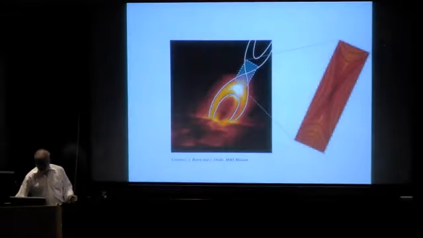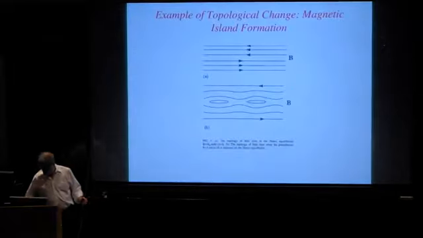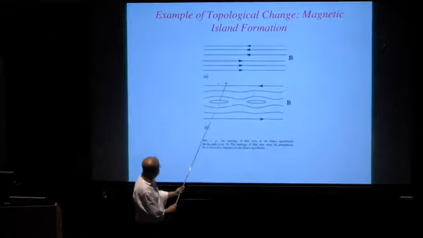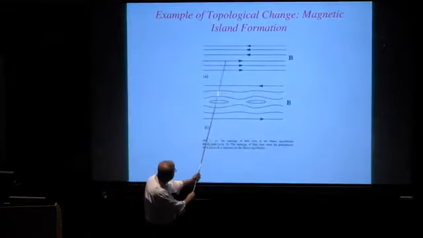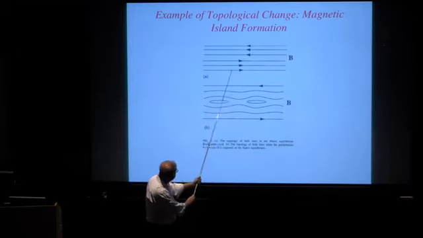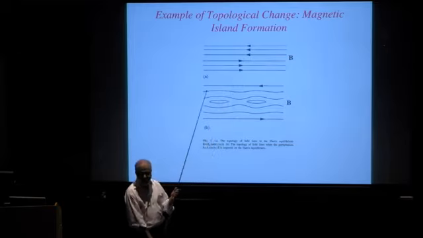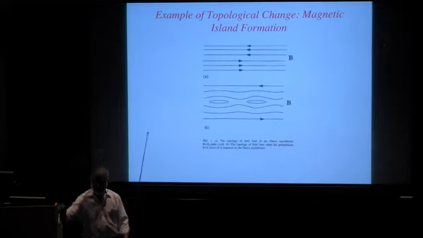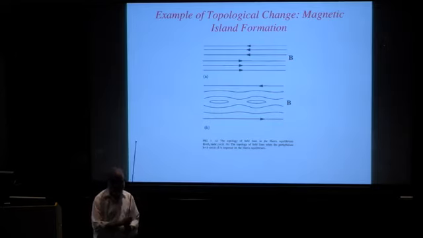So there's one point I want to make. I raised this issue: what would happen if you had reverse fields? You didn't have this, but you had field lines pointing all in the same direction, and you had resistivity on the right-hand side of Ohm's law. What would happen? Well, something will happen.